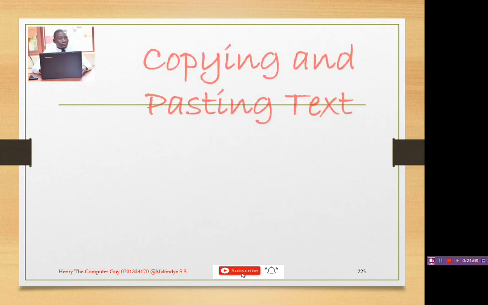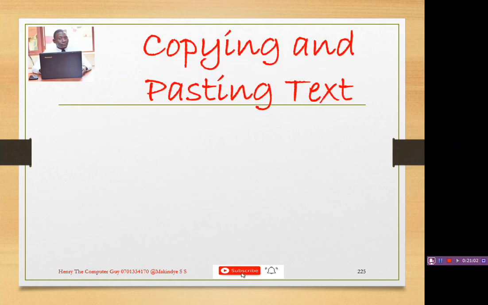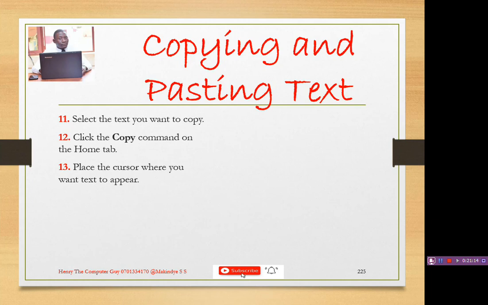We continue. And we see how we can copy and paste some information or text. For example, they are telling us to select the text you want to copy, then click the copy command on the home tab. Place the cursor where you want the text to appear. Then click on the paste command on the home tab.